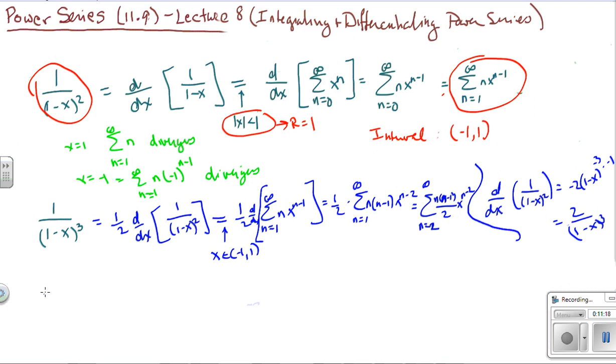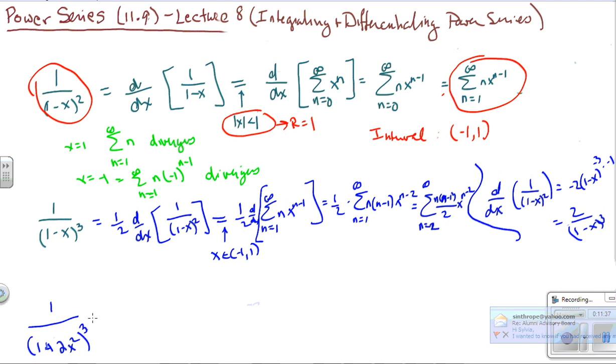Let's look at now 1 over 1 plus 2x squared cubed.